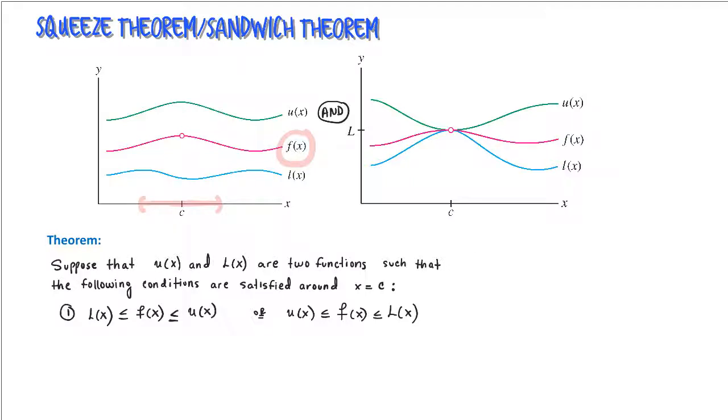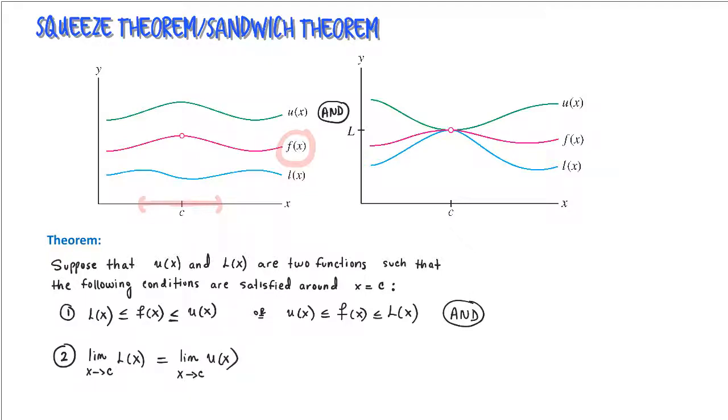And condition number 2, and I'm going to emphasize over here, and they both have to be together. Oops, I spelled add, not and. Okay, and it must be the case that the limit as x approaches c of L of x has to be equal to the limit as x approaches c of u of x.